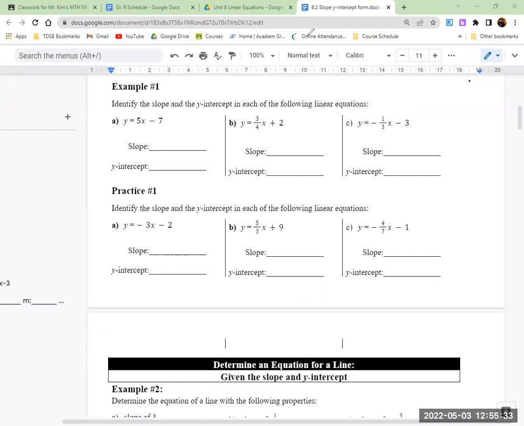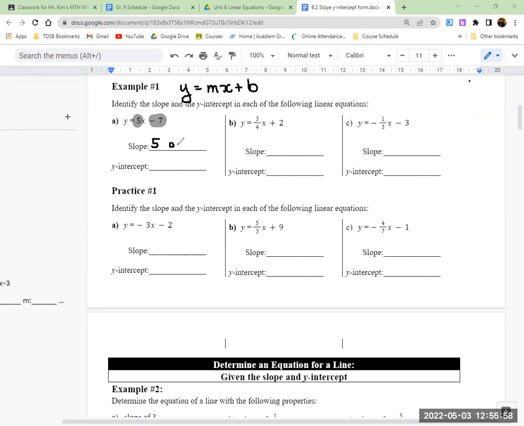Here we go. When given a straight line, always compare the equation you have with y equals mx plus b, the generic template equation. The 5 and the -7 tell you something about the slope and y-intercept. 5, which is multiplying with x, is the slope.